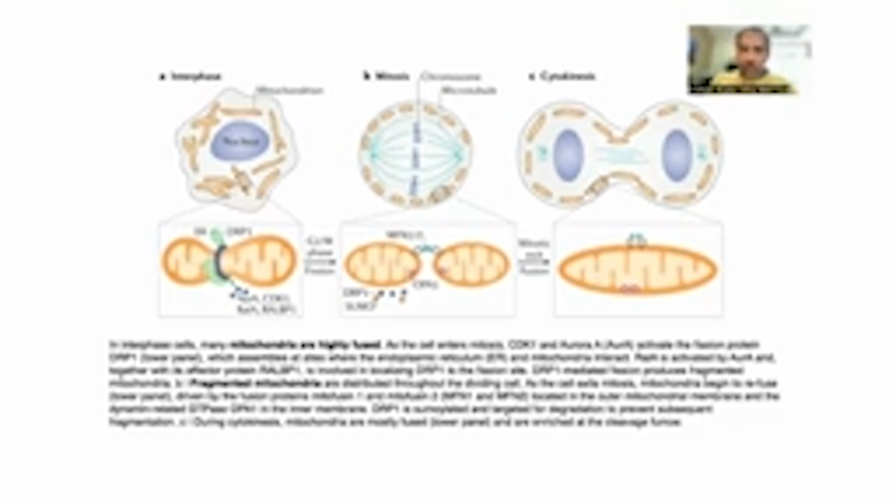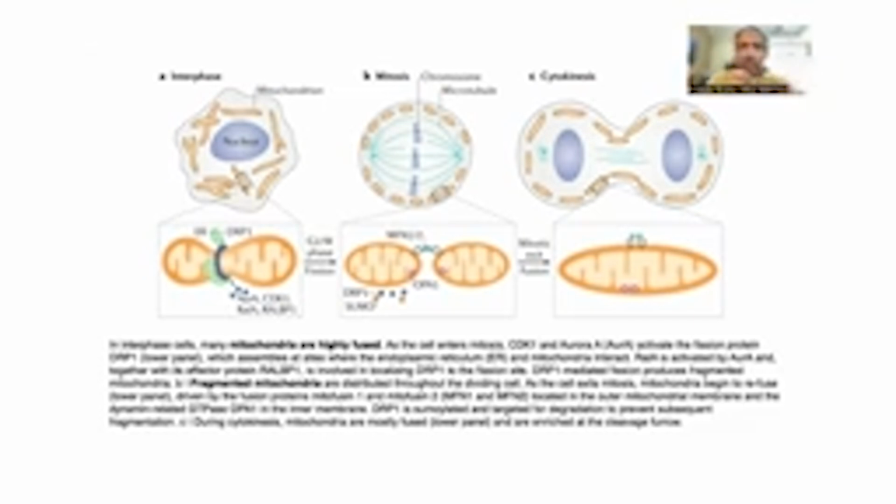But what effectively happens is that the DRP1 activation assembles at sites where the endoplasmic reticulum and mitochondria interact. RalA is activated by aurora kinase A, and together with its effector RalBP1 is involved in localizing DRP1 to fission sites, and DRP1 mediated fission produces fragmented mitochondria.